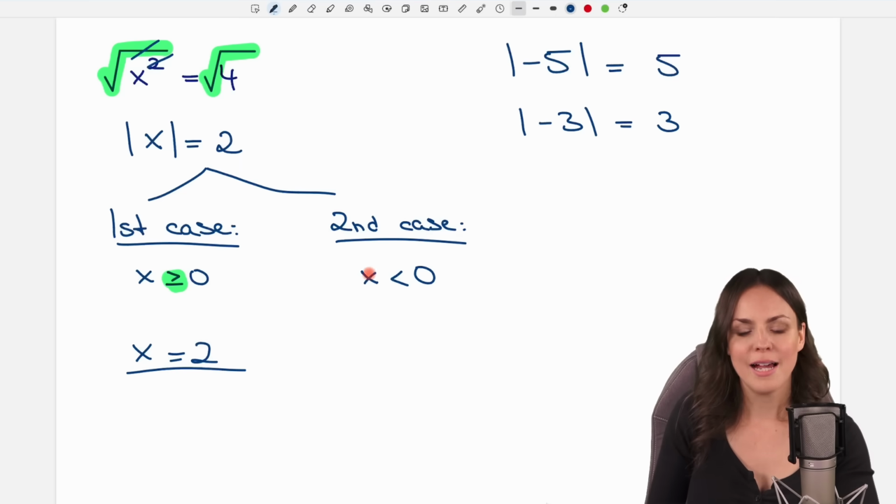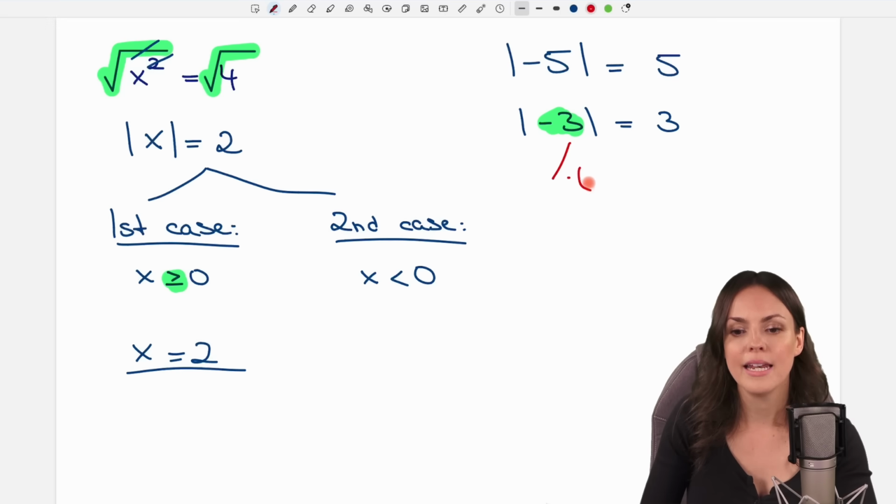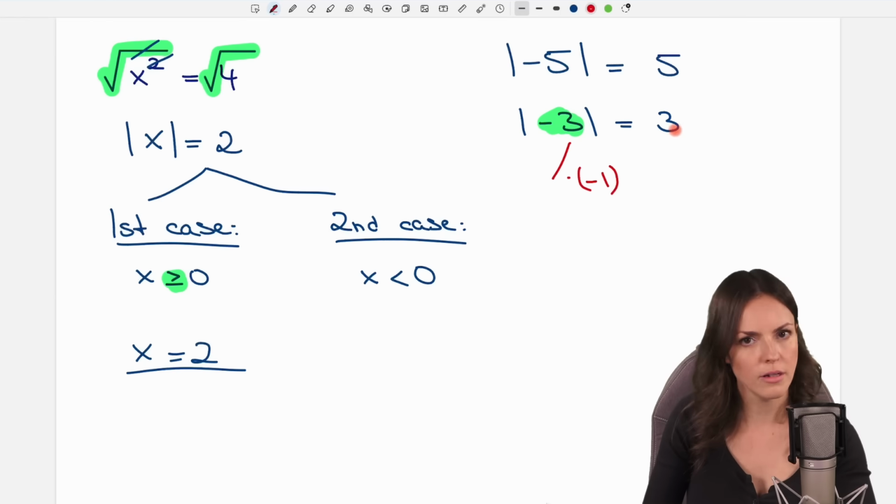Because what happens if my x is going to be negative? So what happens if this, what I have in my absolute value, is negative? Let's see it here. We have a negative number in our absolute value. And if we want to get rid of the absolute value, if we want to apply it, then we only have to multiply this number here inside by -1 to get to the positive result.